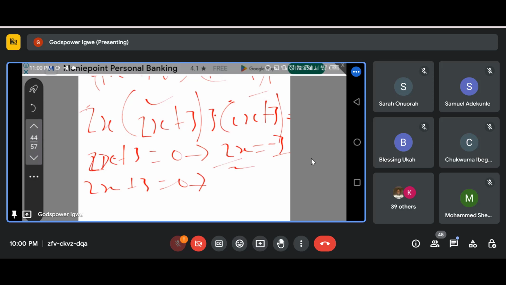This is also 2x is equal to minus 3 all over 2 plus 3 all over 2.